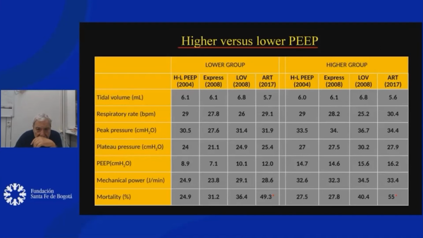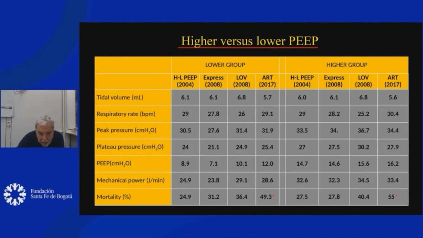You can see lower group, higher group, a series of studies: the high-low study, the expert study, the love study, the R study, compared in the different studies. 6, 6, 6, 6, the tidal volume was similar, respiratory rate was similar, peak pressure was not very different, plateau pressure was a little bit higher here, but not extremely, PEEP, but look at the mechanical power.